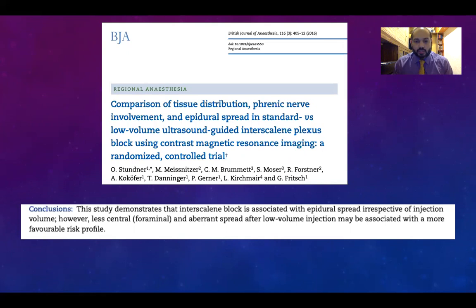And they concluded that the interscalene block, whether it is low volume or high volume, there is definitely epidural spread. And even though there is spread, they concluded that in low volume group, the extent of the spread was very less compared to high volume. Also, the intramuscular spread was much more in high volume, and the phrenic nerve involvement was also much more in high volume compared to low volume interscalene block.